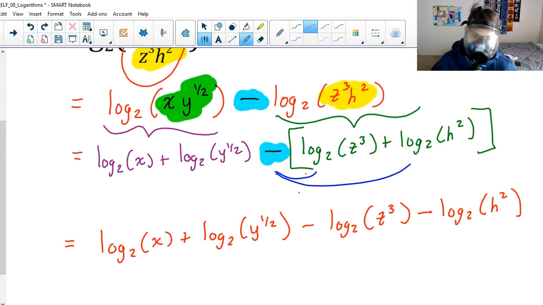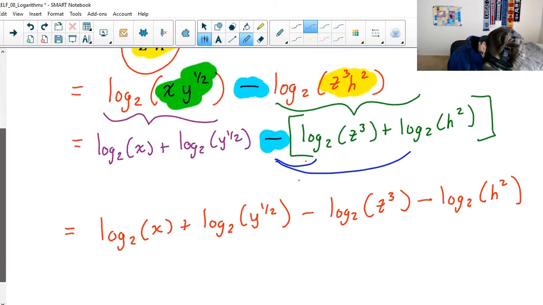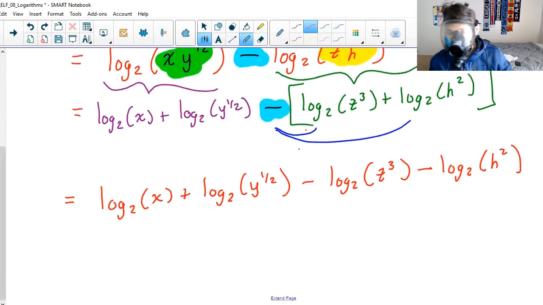All right, so once we have this line of logarithms, the only thing left to do is our thing with our exponents, using our last property. So that 1/2, that 3, and that squared, let's move those down into the front as coefficients.